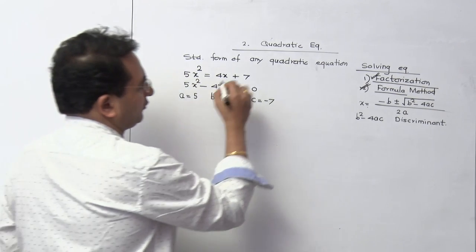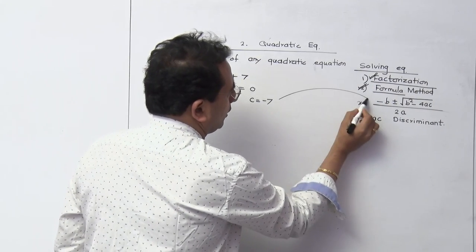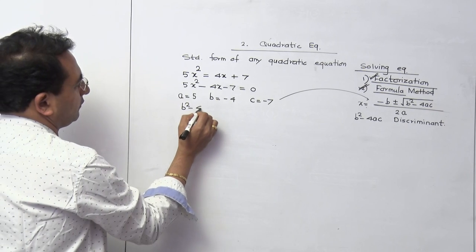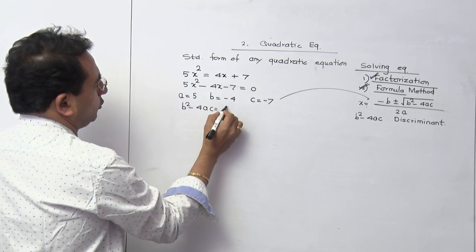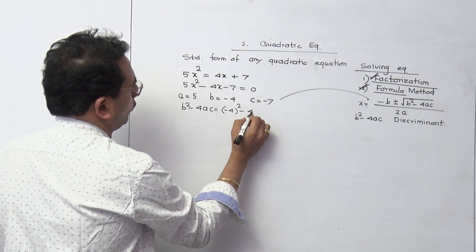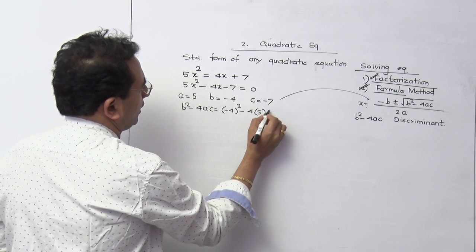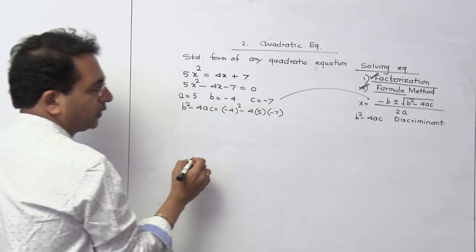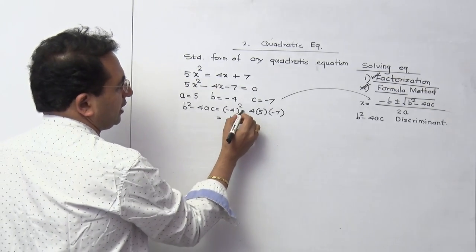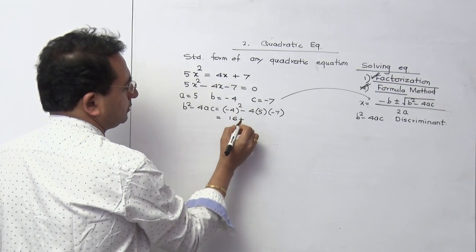Now, before substituting these values, we had better calculate the discriminant b square minus 4ac. That b square is minus 4 square, minus 4 into a into c. So your answer will be 16. Then minus minus will be plus.